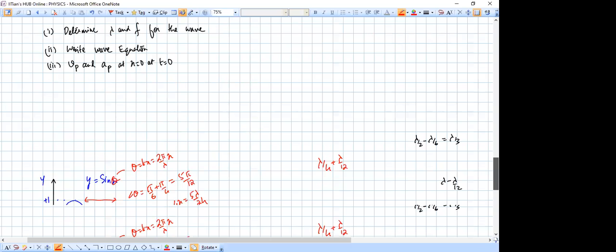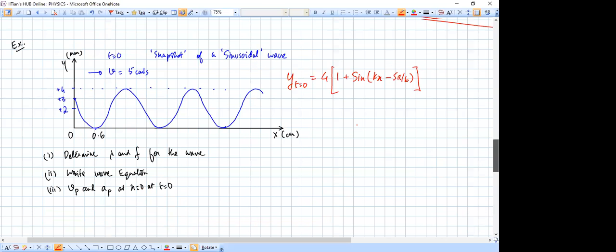Okay. Where k is 2 pi by lambda, and lambda we just saw is 2.88 centimeters.